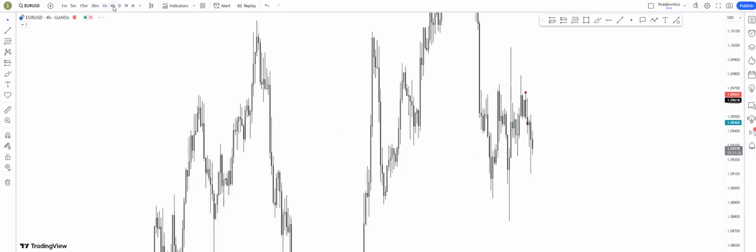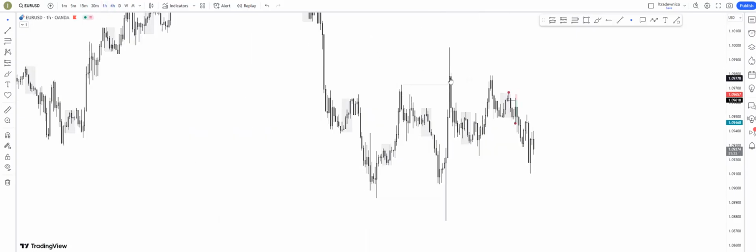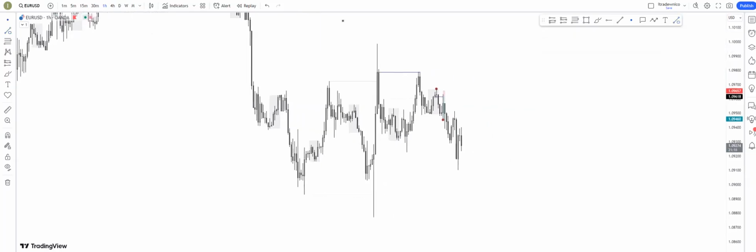If we scale up on the 4 hour, we don't have anything. And on the 1 hour, we have just a wick, and that's the only key level we can take. Now, why do I have to take a key level right here if I'm expecting this high to get taken? Because it's going to be used with high chances as an obstacle, right?